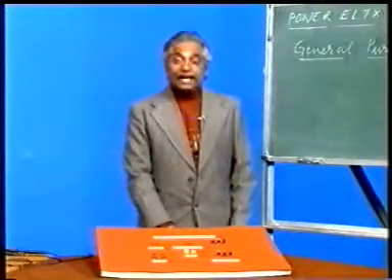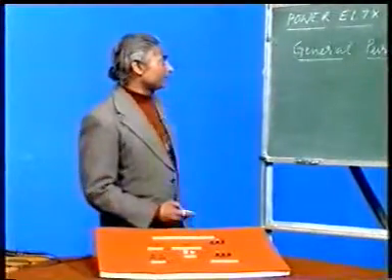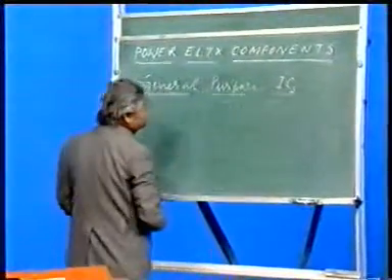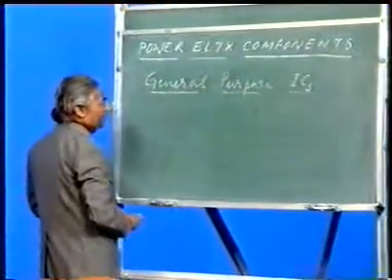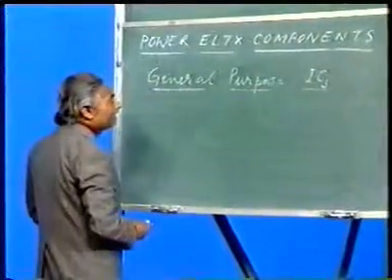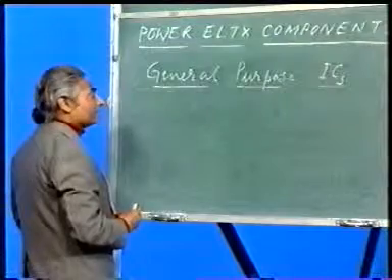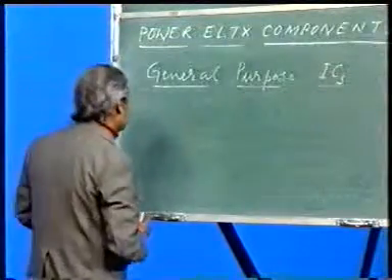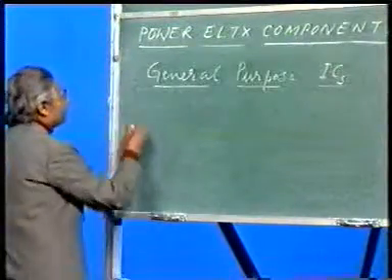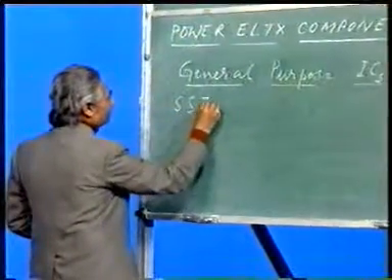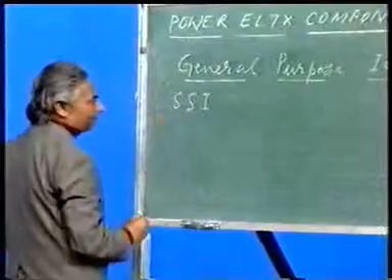Now as we discuss the general purpose ICs, as the name indicates, IC means integrated circuits, and an integrated circuit has a lot of components packed in one unit. Naturally the device is very compact. So there can be 3 types of ICs. One is SSI, small scale integrated circuits.